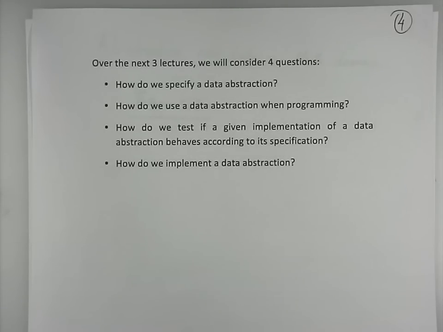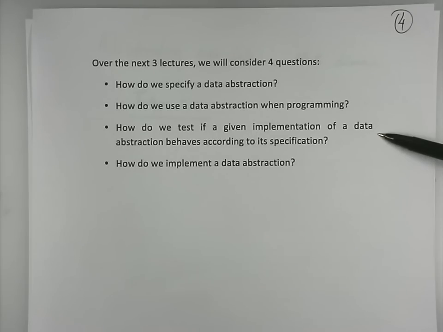We keep talking about this data abstraction in very generic terms, but concretely that means writing some code. So what kind of code do you write for data abstraction? And then how do you use it? I keep saying that it's useful in some way, but what does that mean? And then how do you test that the abstraction that you created is actually correct?